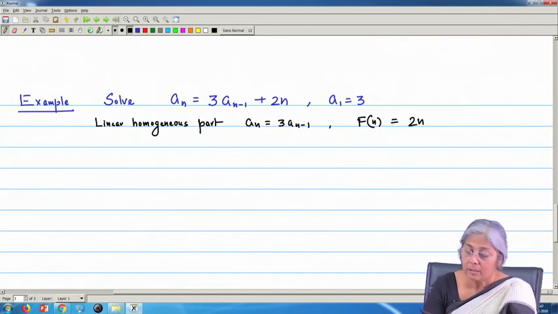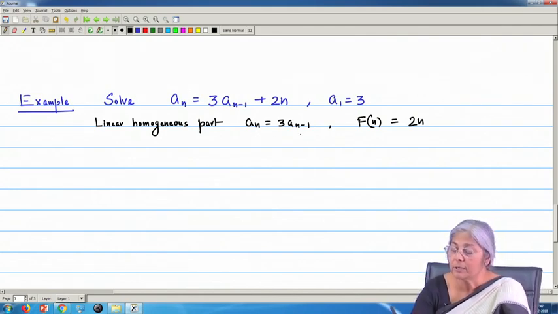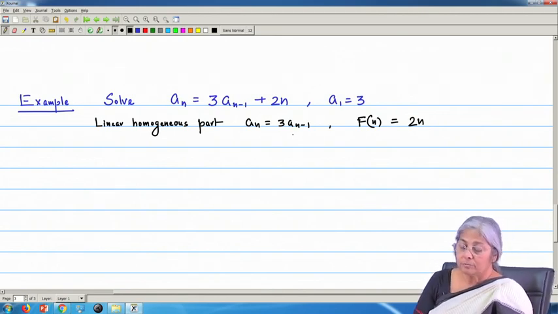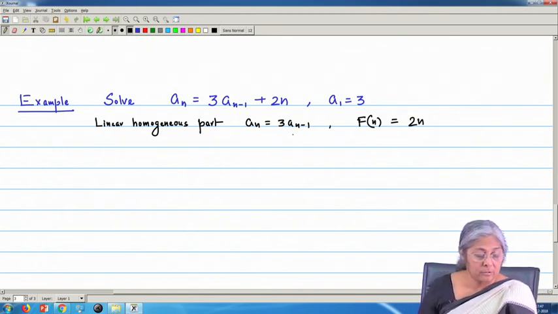Okay. Now, already we have seen the solution of this a n equal to 3 a to the power n minus 1.